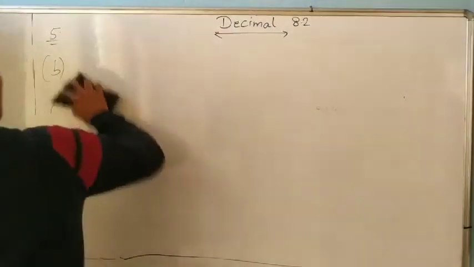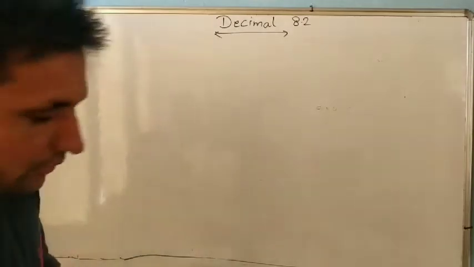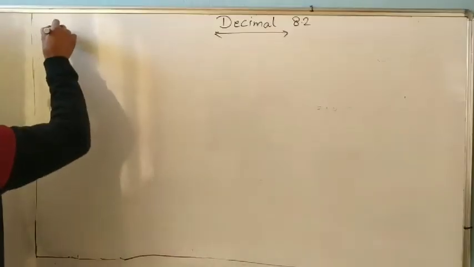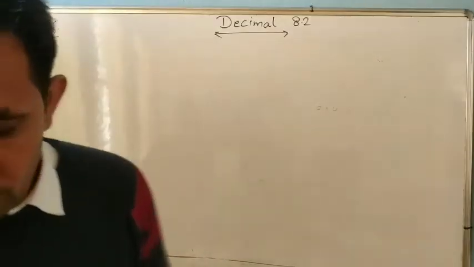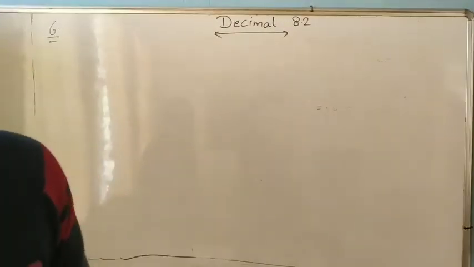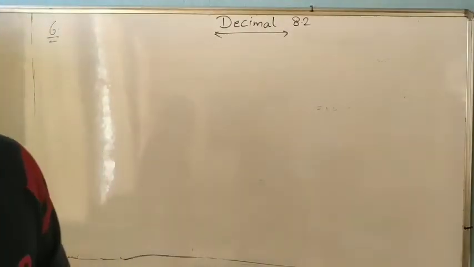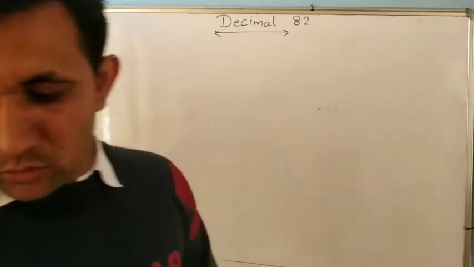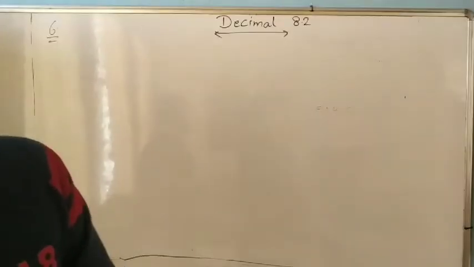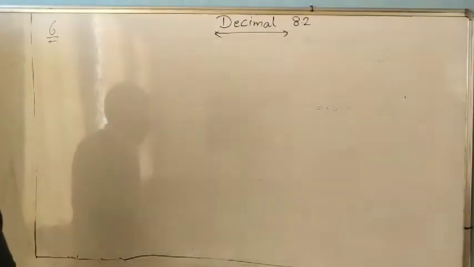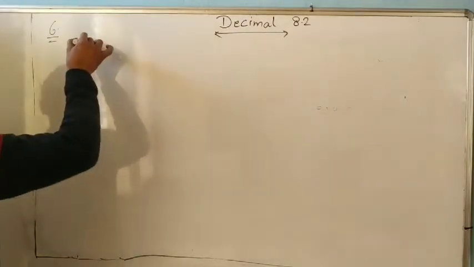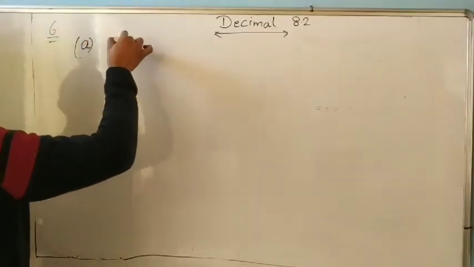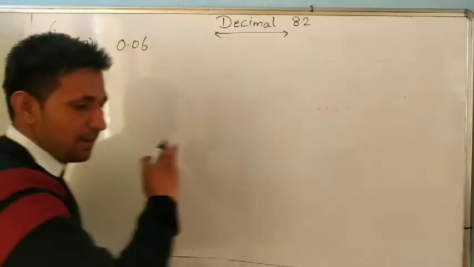Next is question number 6. Between which two numbers in the 10th place on the number line does each of the given numbers lie? So first part is 0.06.